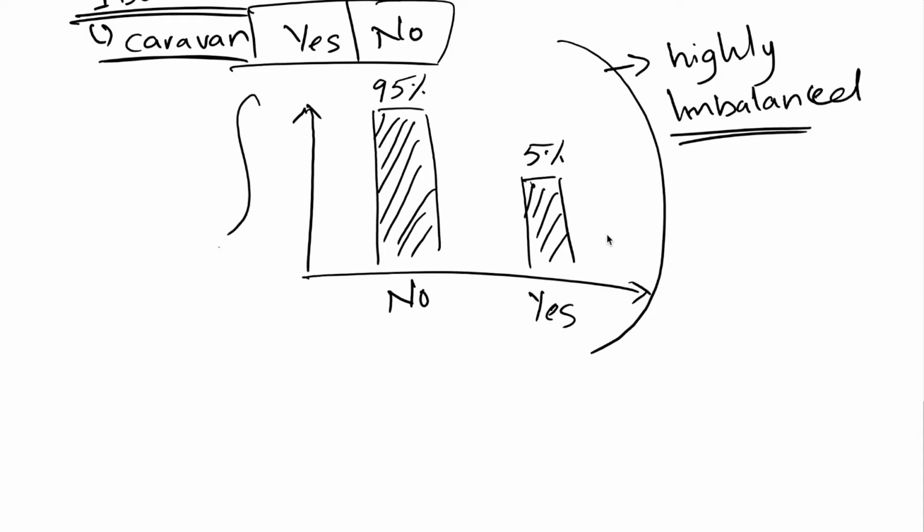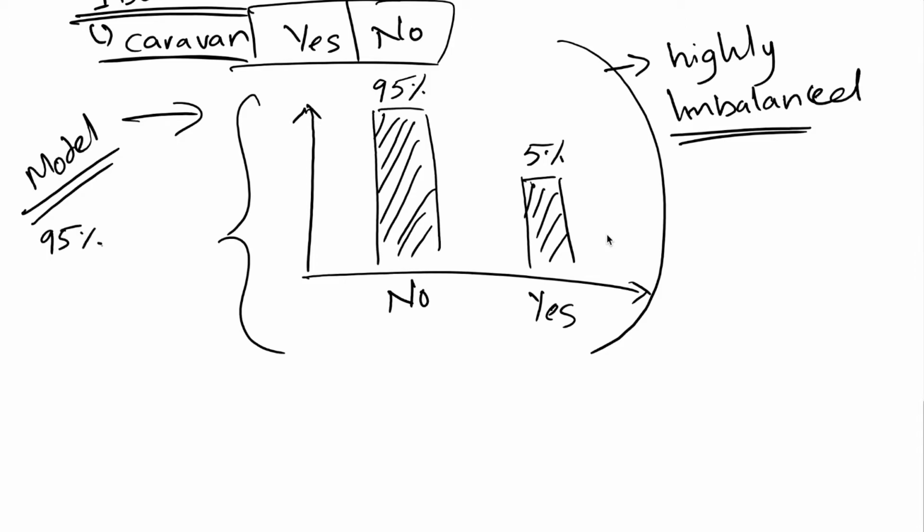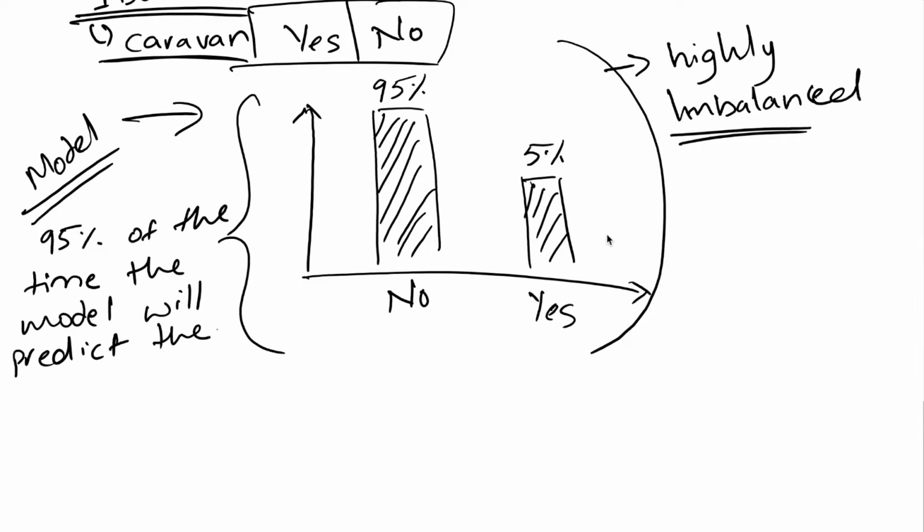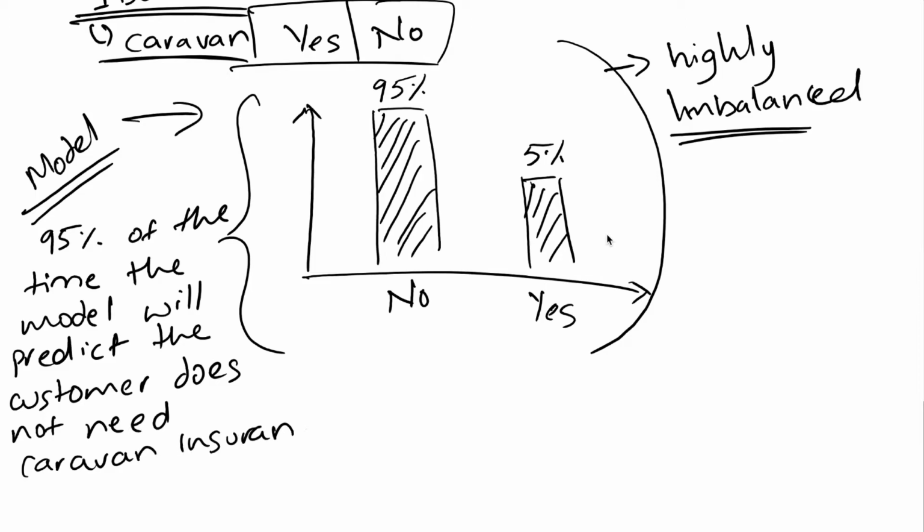Now, why can we not work with highly imbalanced data set? Now, let's say if we were to build a model based on this type of data split, the target variable split between 95 to 5%, what would happen is that if we do go ahead and model this data, 95% of the time the model will predict the customer does not need caravan insurance.